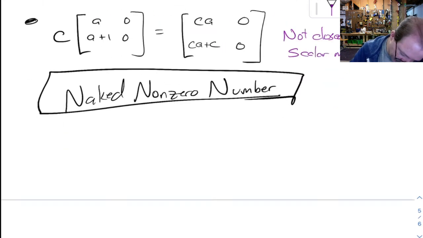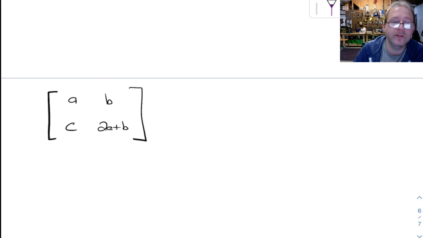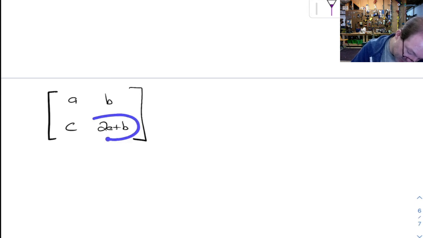I'm going to leave you with this example. This video is getting way too long, but I want to do one more thing. If you have something like this where you've got A, B, C, and then this one over here is 2A plus B, matrices of this form, this would be fine because there's no naked non-zero number. If you took two of these and added them together, what makes this of special form is that this entry is double this one plus that one.